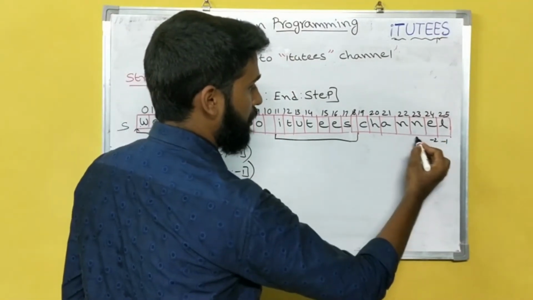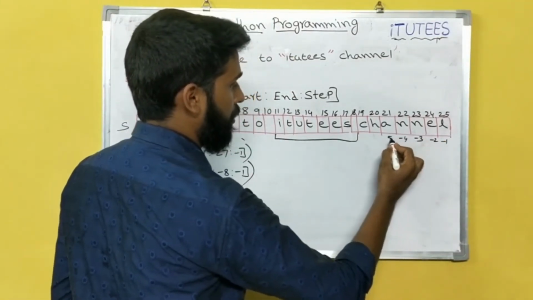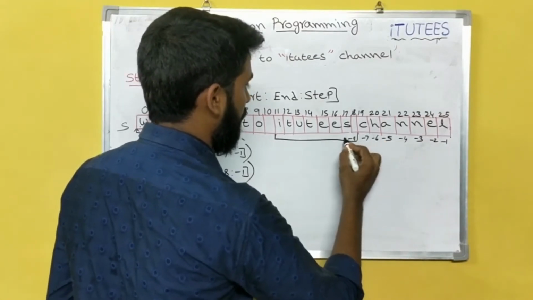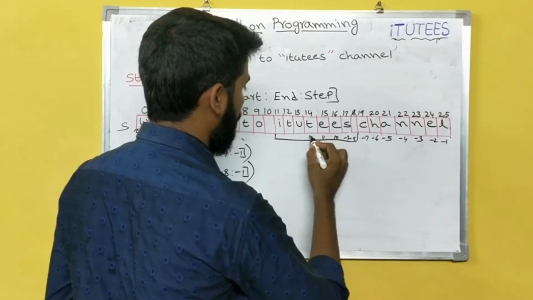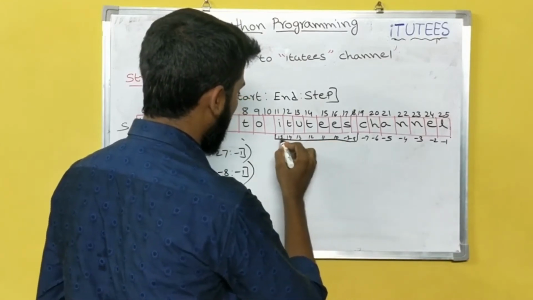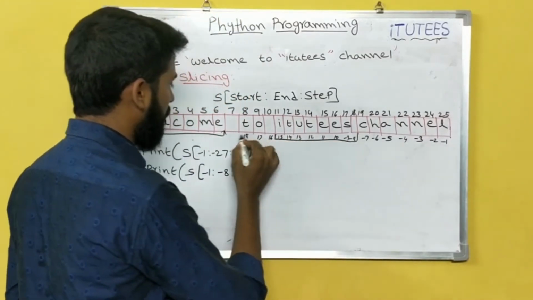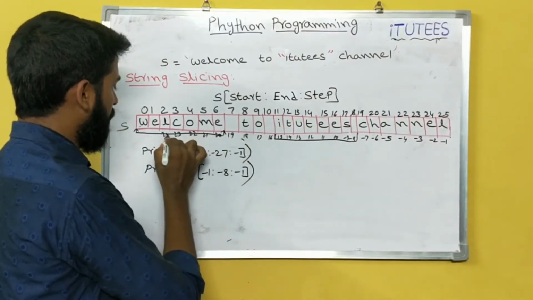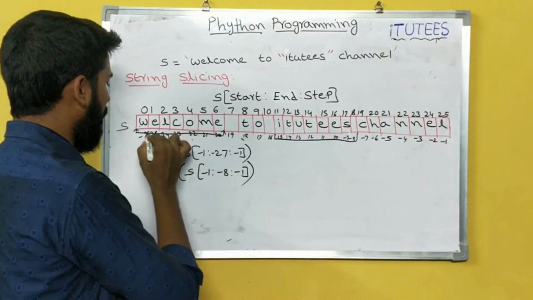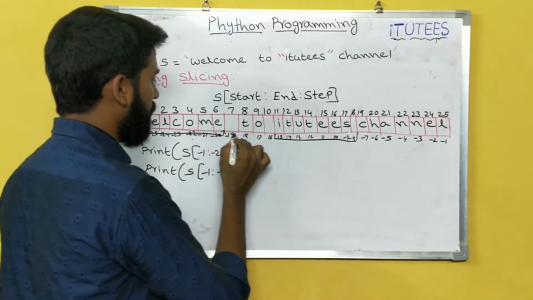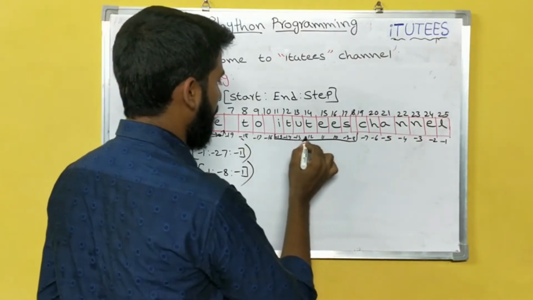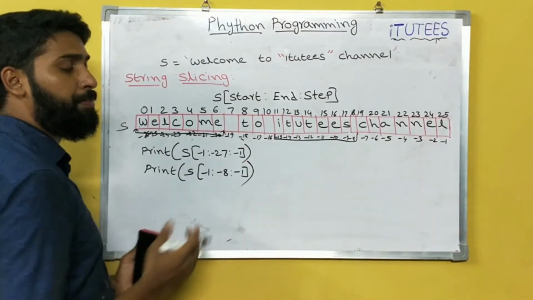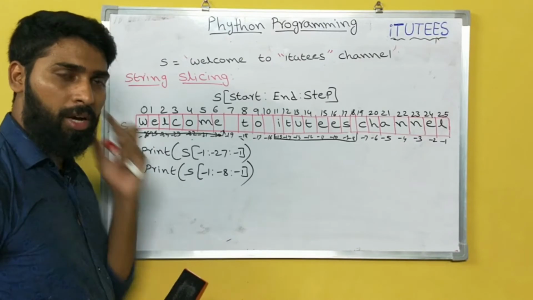E is -2, -3, -4, and so on, up to -26. All are minus values. Okay, so that means we can print the string in reverse order also.